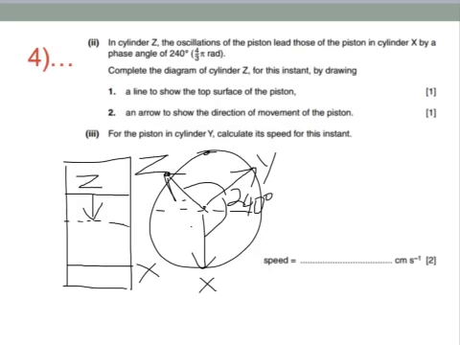You could do this another way. You could use the original equation, d equals minus 4 cosine, and put in 240 degrees, and you'll get 2 centimeters popping out of that. But knowing the 2 centimeters is down or up from the equilibrium position, and the fact that Z is moving down, you have to do some more work.